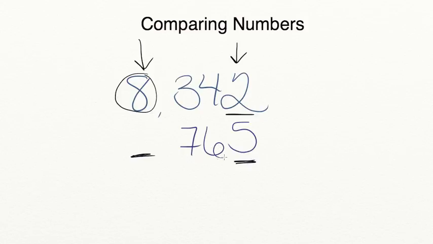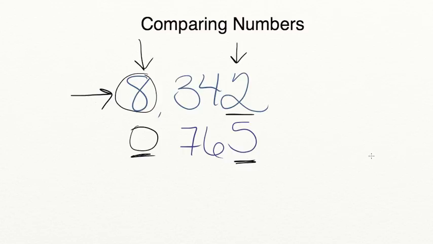Now, since 765 has no number in the thousands place, we can go ahead and fill that in with a 0. And that means that our top number is the larger number because it has 8 in the thousands place, and our bottom number has a 0 in the thousands place, which means 8,342 has more than 765.